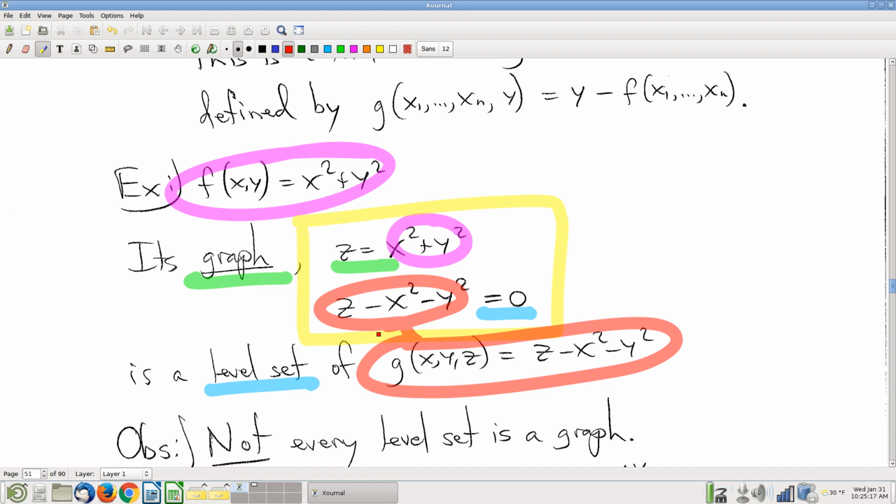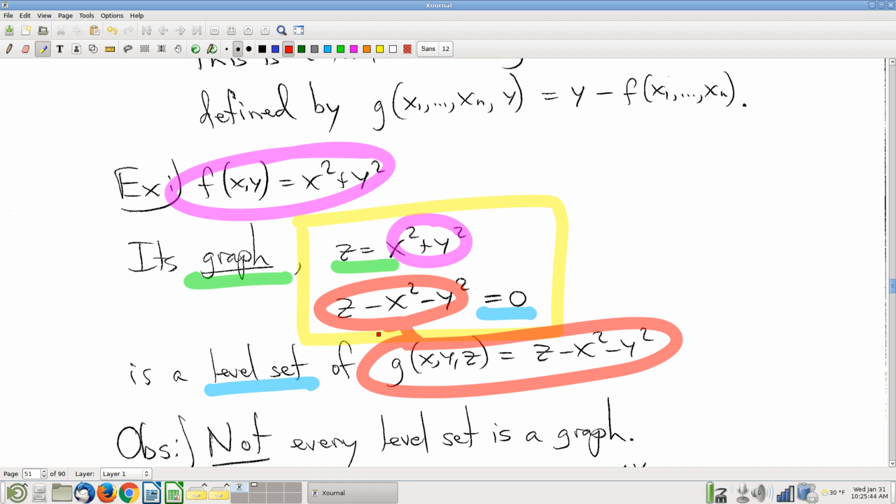We're looking at one picture and we're saying, well, that's a level set of one function, and it's a graph of a different function. So two functions that by different constructions give us the same picture, instead of previously where we were talking about one function which by different constructions gives us two different pictures. So we're kind of coming at it, you might say, backwards in this case.